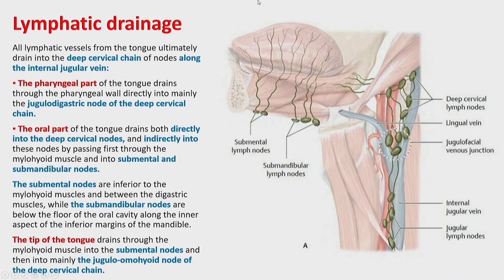And this pharyngeal part goes to the superior part of the deep cervical lymph nodes, which is parallel with the internal jugular vein. And this lymph node is the place where the internal jugular vein is crossing this muscle. What is this muscle?